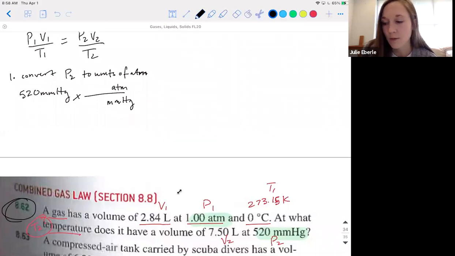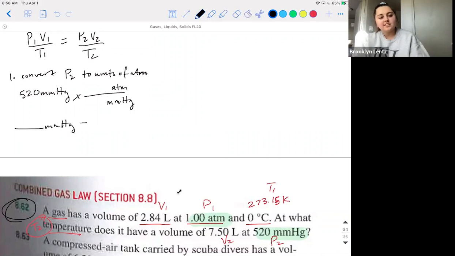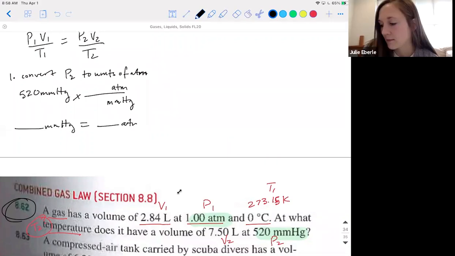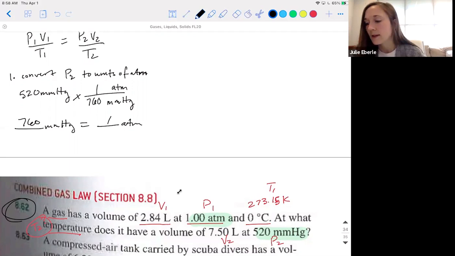So I just need to know what numbers go here. How many millimeters of mercury? 760. Equals how many ATM? Should be 1 ATM. So you just plug these in. You can go look at the slide earlier from lecture, okay, if you're not sure.